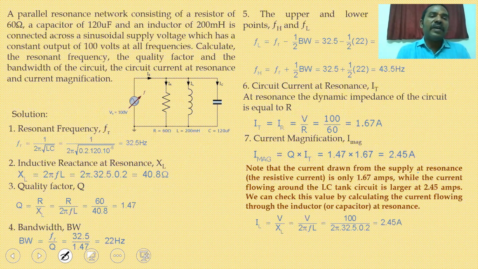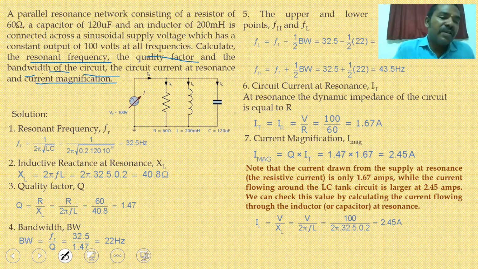So a current of Is will flow through the circuit. IR is the current flowing through resistor, IL is the current flowing through inductor, IC is the current flowing through capacitor. So your question is, you have to find the resonating frequency, quality factor, bandwidth of the circuit, and current magnification factor at resonance condition.